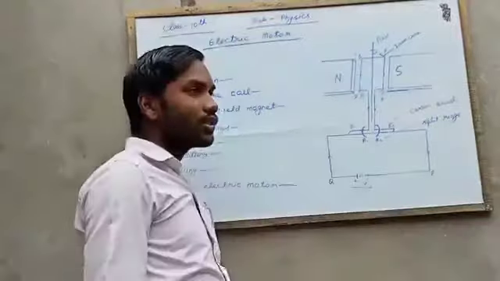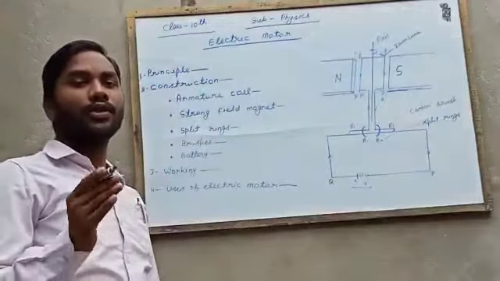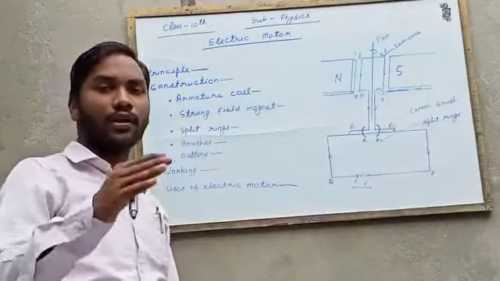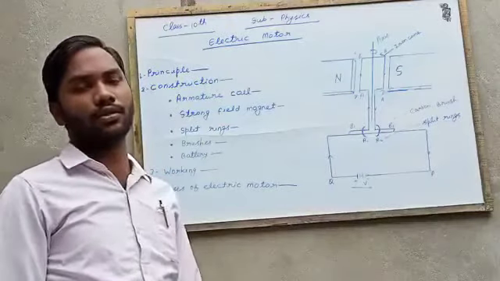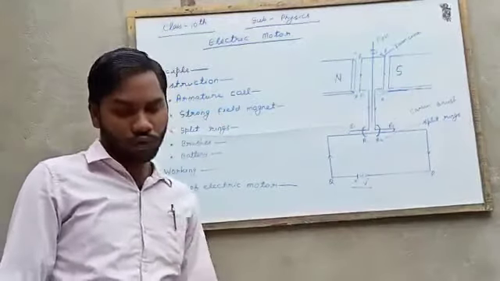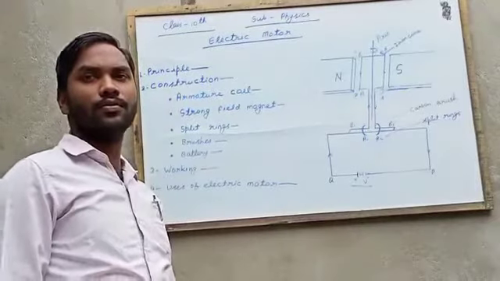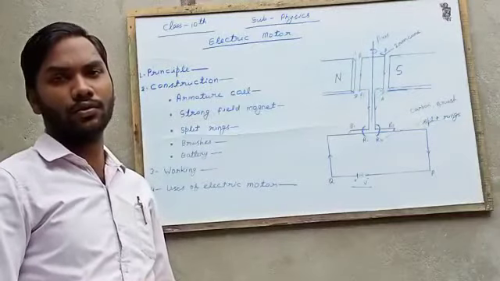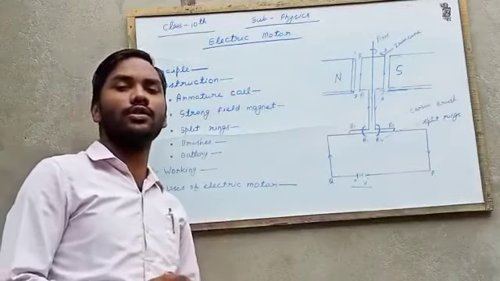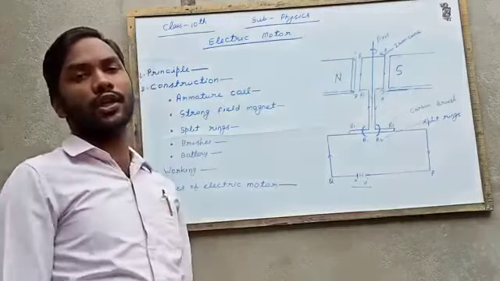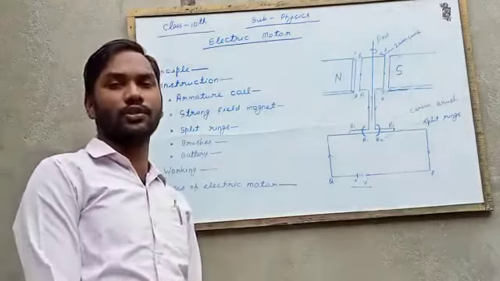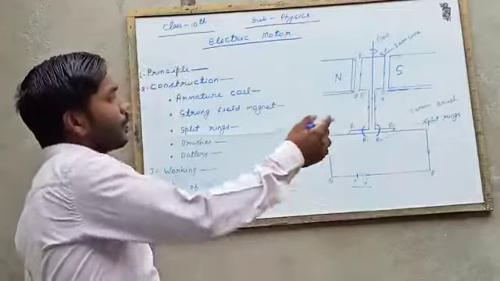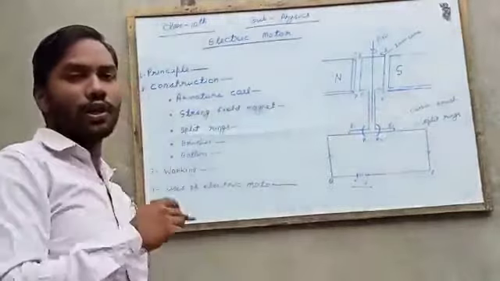So at this stage, the commutator changes the direction of electric current and ensures that the current keeps flowing in the same direction, so the motor continues to rotate. Due to this rotation, some induced current will be produced in it. So this is the working method of how an electric motor works.